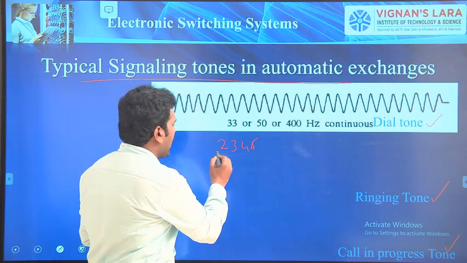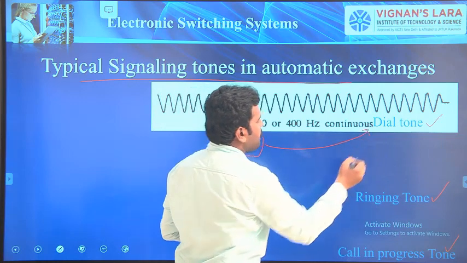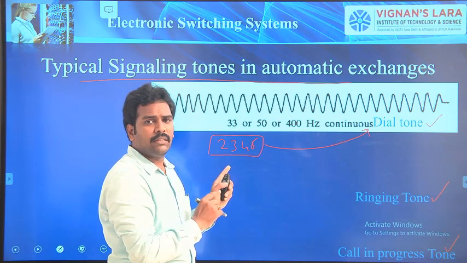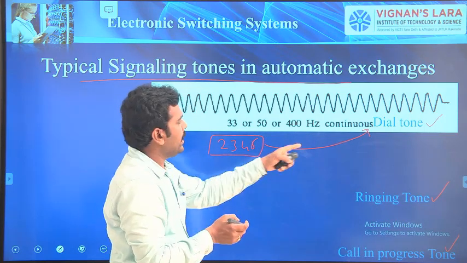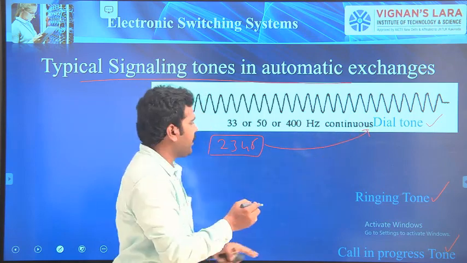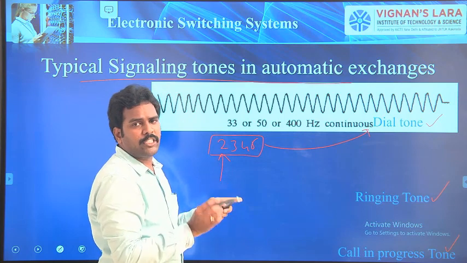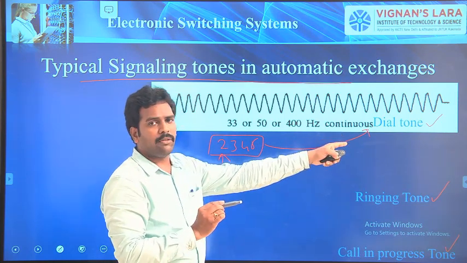I can dial this number only when I hear this dial tone. It is an indication for the subscriber that you can start dialing the number. Before getting this dial tone, if I dial any digits, those digits will be lost. So we should dial the digits only after hearing this dial tone.